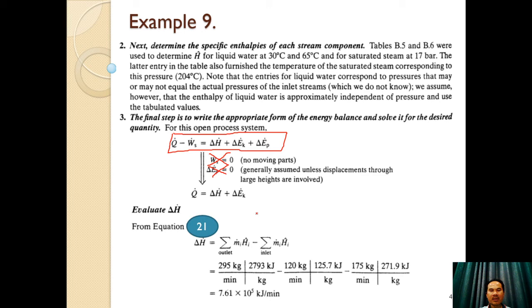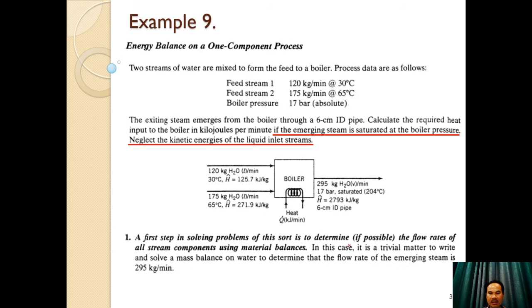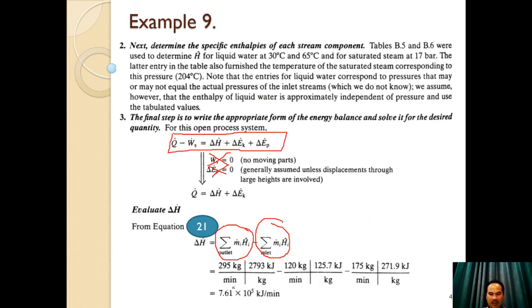For this case, for delta S, we have three streams, two input and one output. Delta S equal to the summation of m_i S_i of the outlet stream minus the summation of m_i S_i of the input stream. For this case, the mass rate of the outlet stream is 295 kilogram per minute.